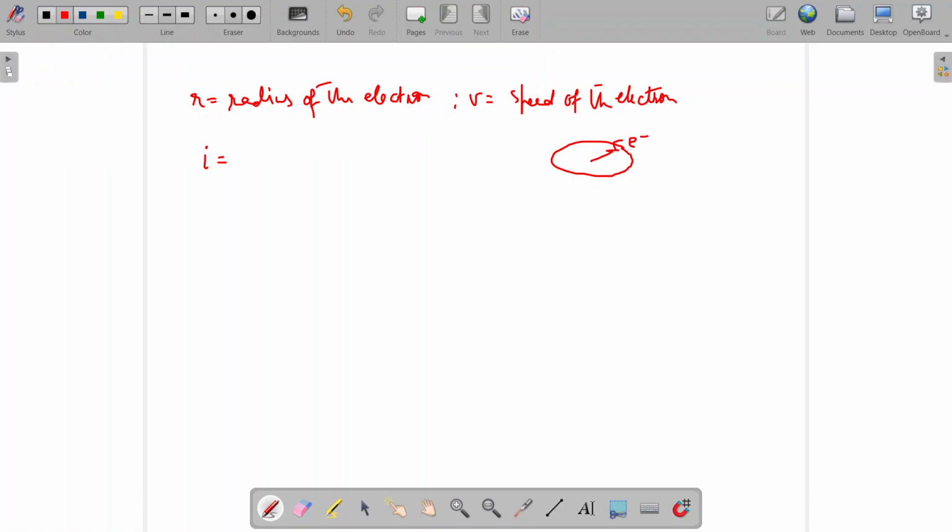The time taken by the electron to complete one circle would be simply the circumference 2 pi r divided by v. The charge of the electron is e and the time taken is 2 pi r by v. So this means the current is ev upon 2 pi r.